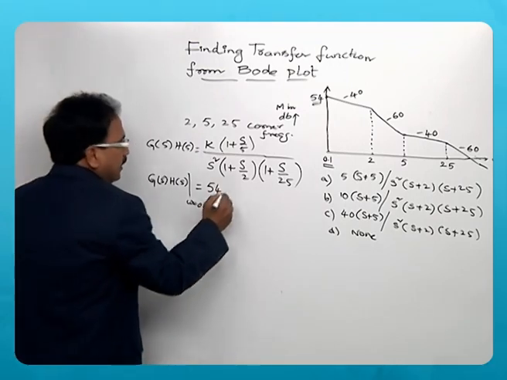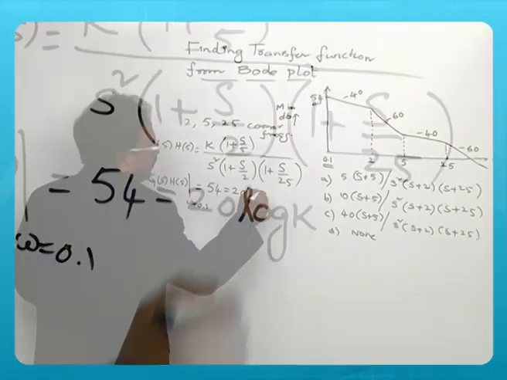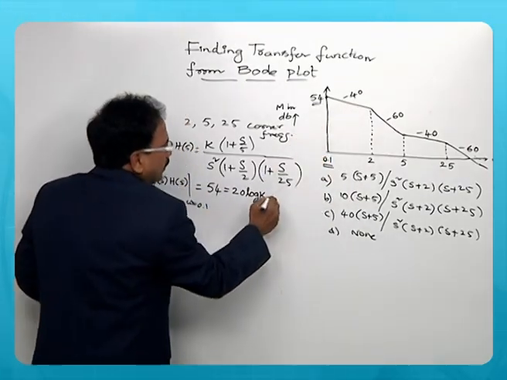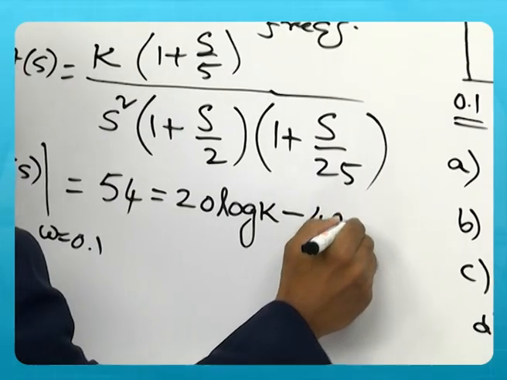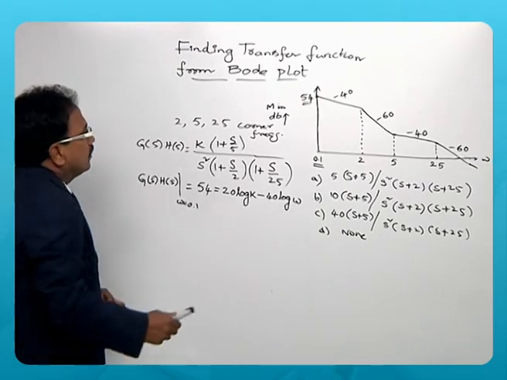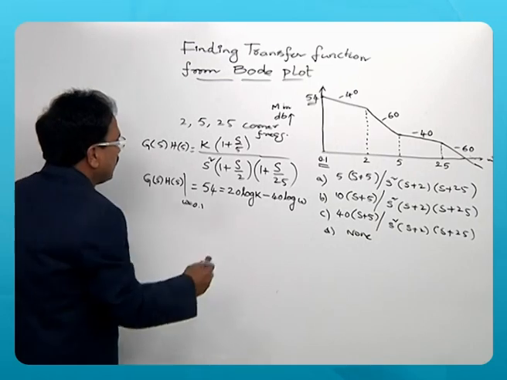So we need to equate this to 20 log K, the first term, and there is a slope of minus 40, so minus 40 log omega. At 0.1, the slope actually begins at minus 40.